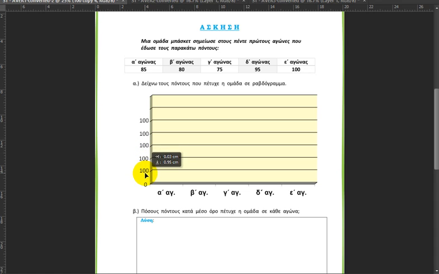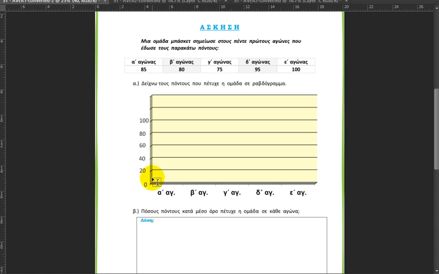which means that this is going to be 20, this is going to be 40, this is going to be 60, this is going to be 80, and I put an extra 0 here. So we have 0, 20, 40, 60, 80, 100.